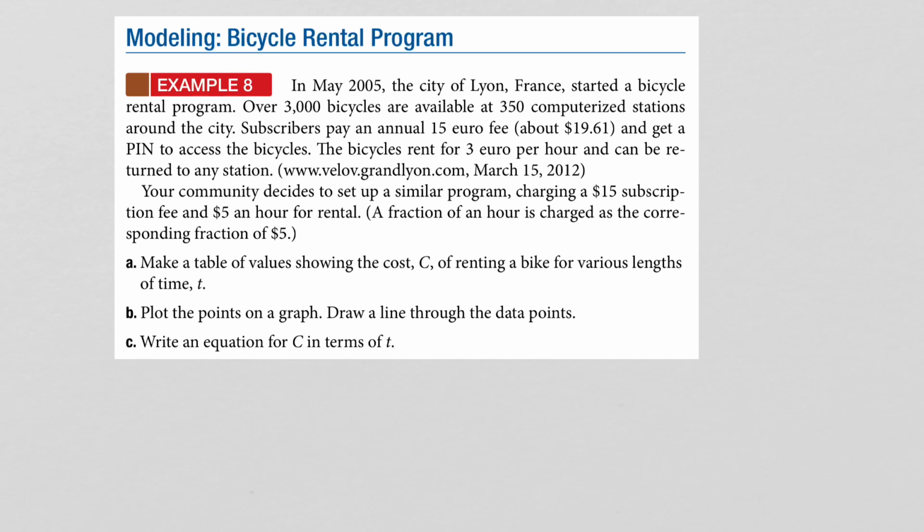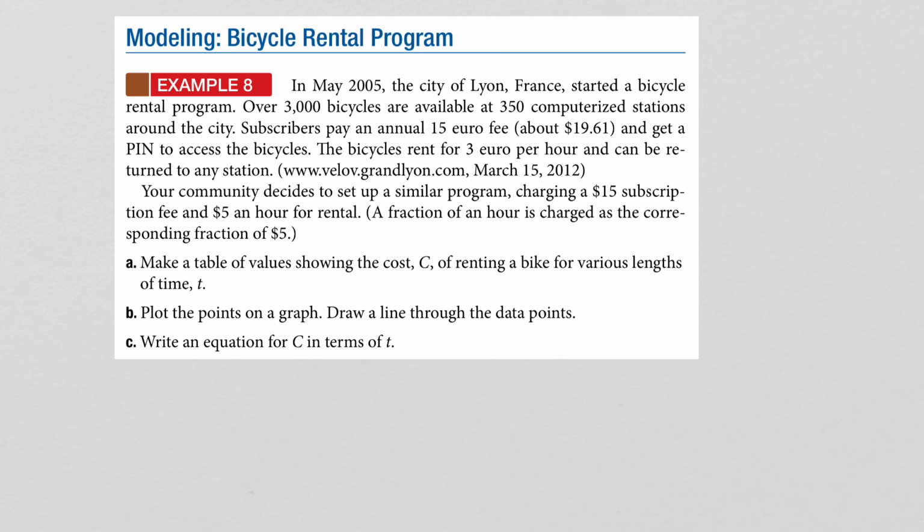And now for an application. In May 2005, the city of Lyon, France, started a bicycle rental program. Over 3,000 bicycles are available at 350 computerized stations around the city. Subscribers pay an annual €15 fee, which is about $19 at least at that time, and get a PIN to access the bicycles.